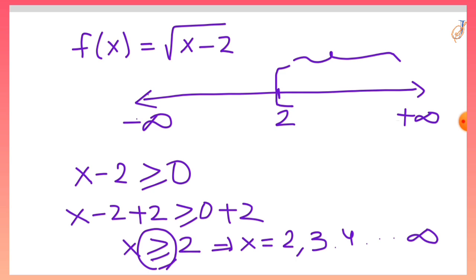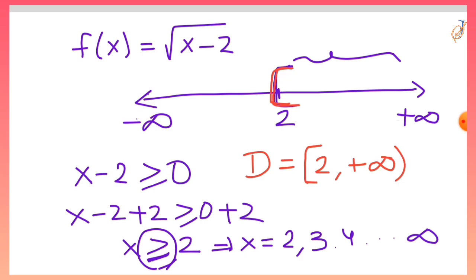Whenever there is an equal sign, you have to use a closed bracket here. The domain should have a closed bracket, meaning at point 2 we are including it. So closed bracket 2, from 2 to plus infinity. These are all the possible values which are going to be defined in this function. This is the domain of this radical function.